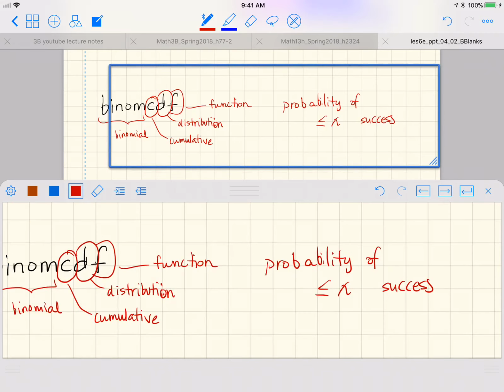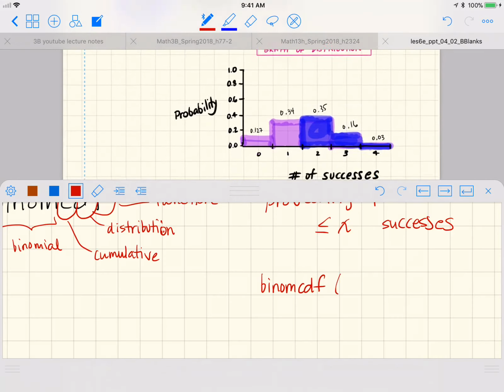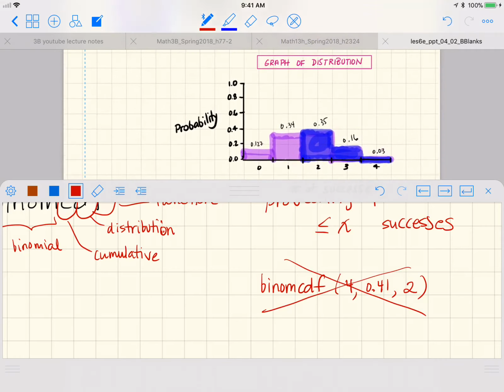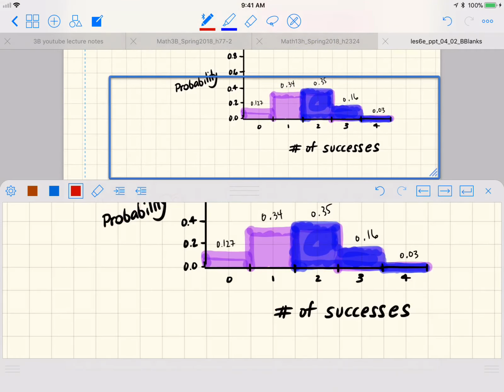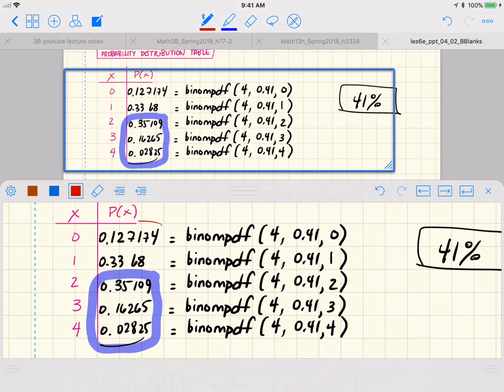So for instance, if I were to put into my calculator binomial CDF, with N equal to 4, P equal to 0.41, and my X value is 2, this would give me not what I want. It would give me the probability of having 2 or less successes, which would be the same as adding the probability of 0 successes plus 1 success plus 2 successes.